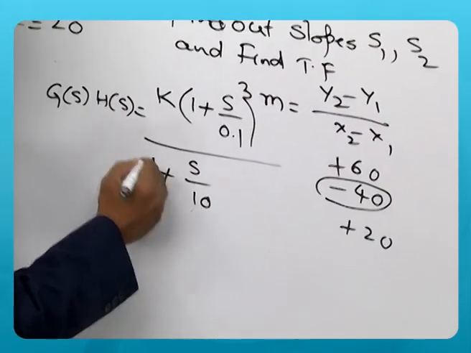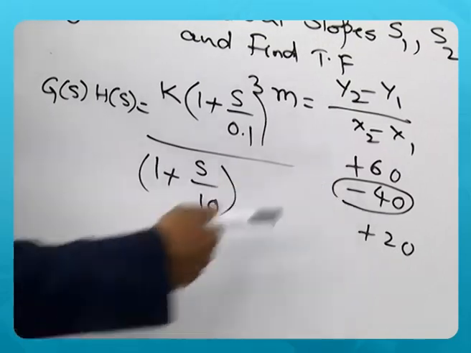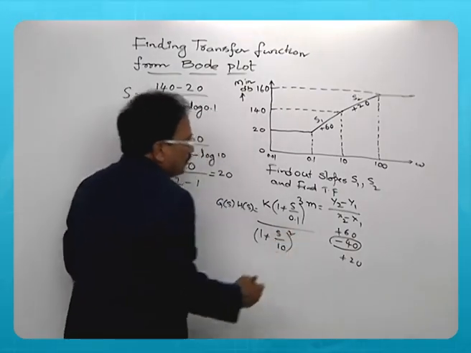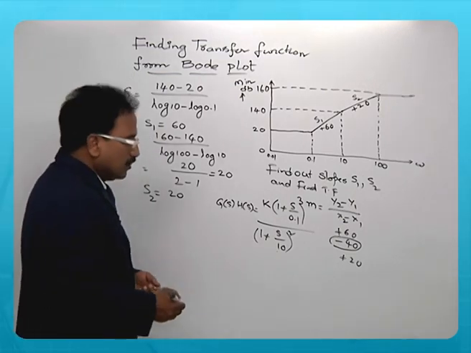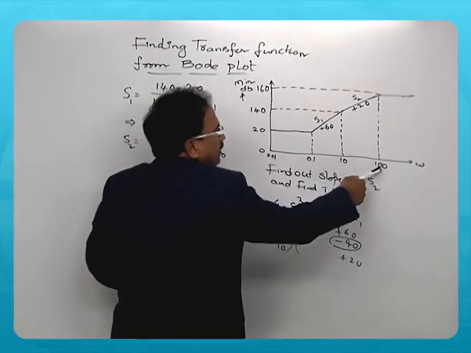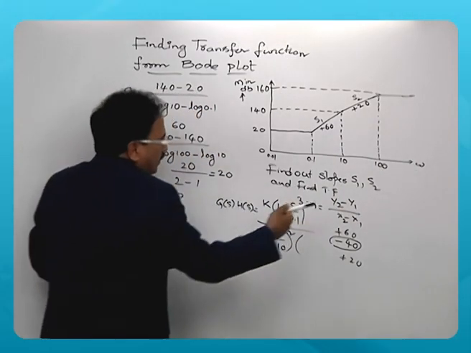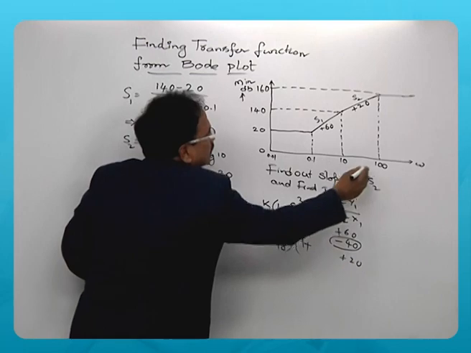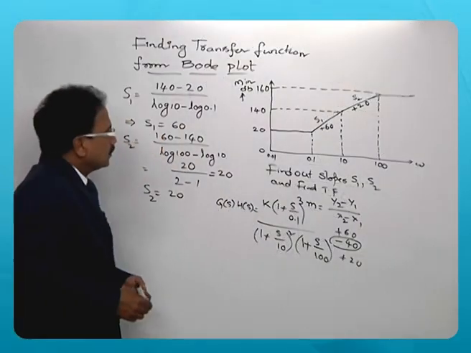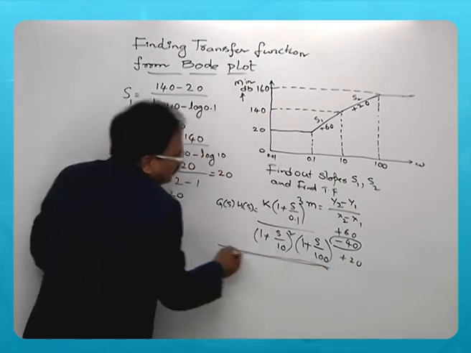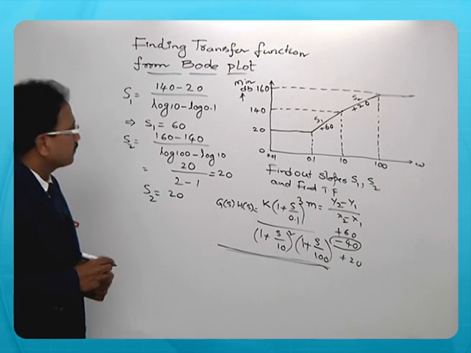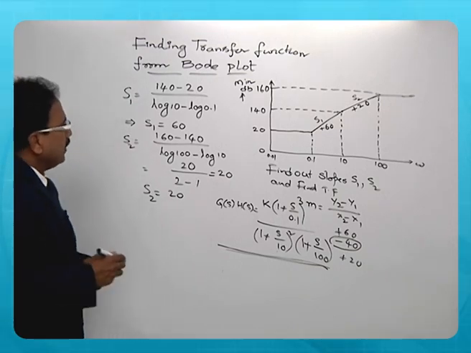The value is 10, but minus 40 means such poles are 2. So I must write whole square. Then at 100, the slope changes further, 1 plus s by 100. So this will be the loop transfer function for this magnitude plot.